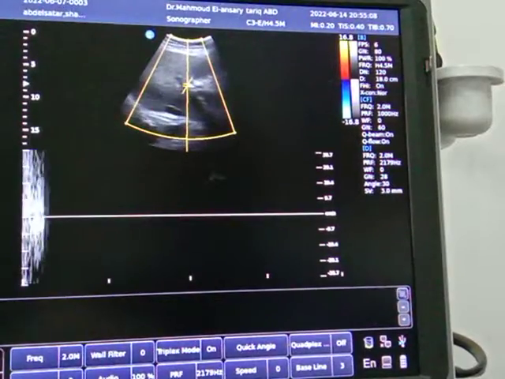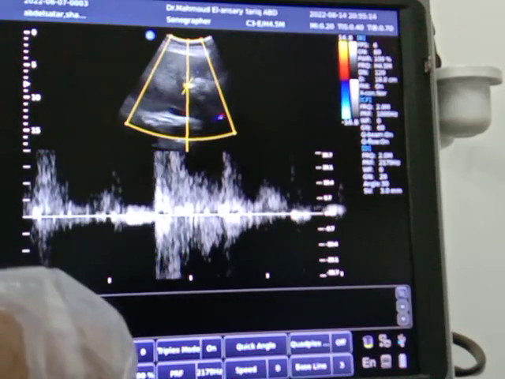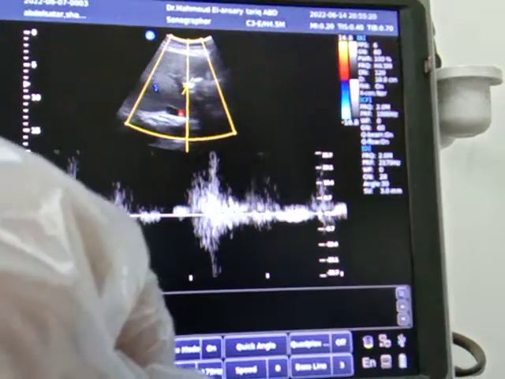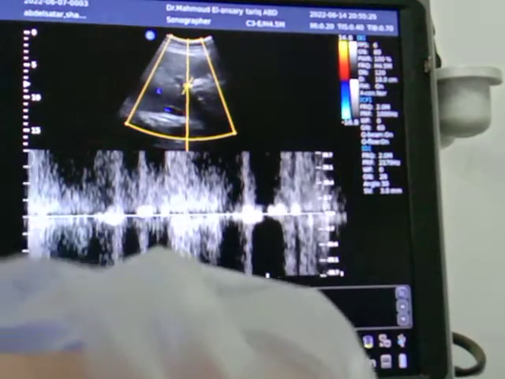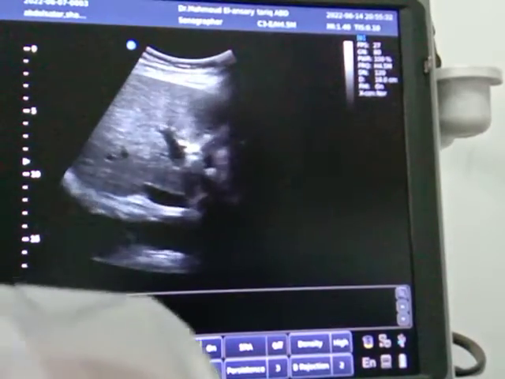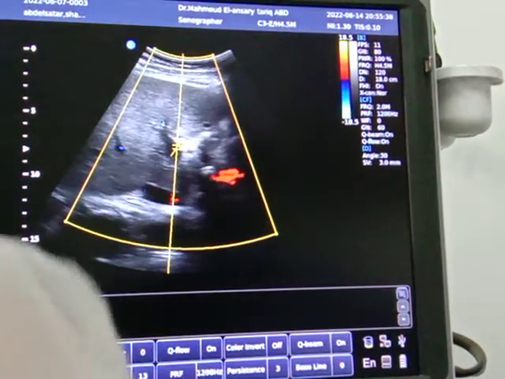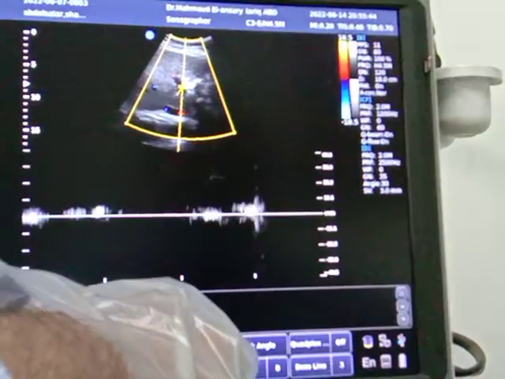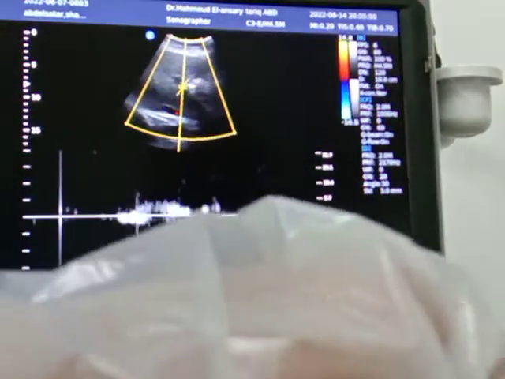This is an arterial flow, a very good arterial flow to compensate for the impaired portal venous flow, as you see here. There is no flow here, but still by duplex you can detect very faint flow, very weak flow.